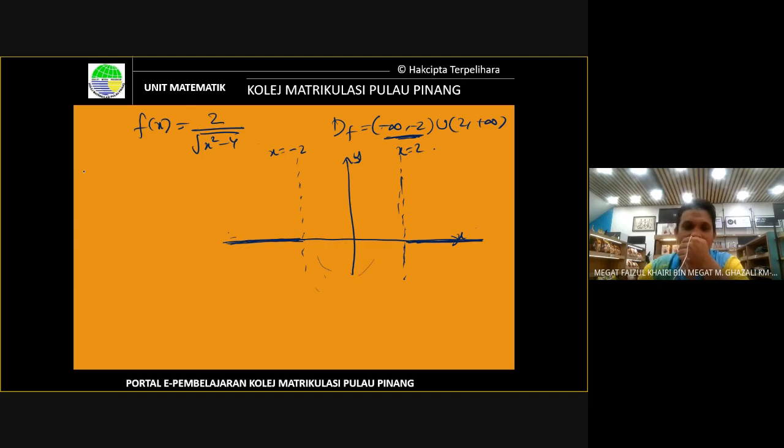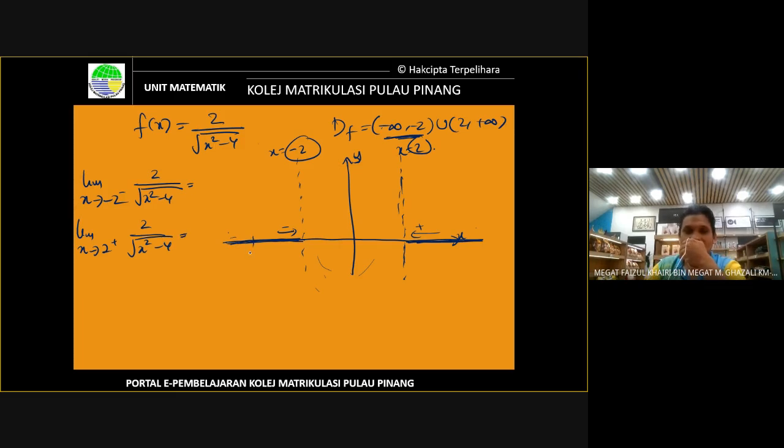Okay, so then we look at the limit of x approaching negative 2 from left, 2 divided by square root of x squared minus 4, and the limit of x approaching 2 from right, 2 divided by square root of x squared minus 4.